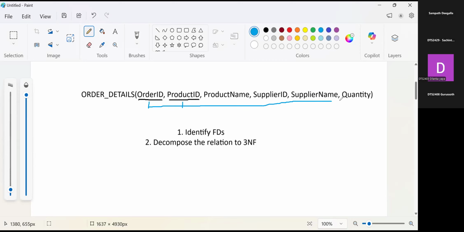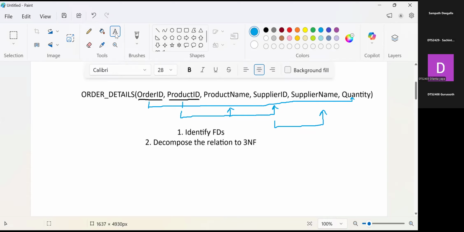So using this, we can determine the quantity. Using product ID, we can determine product name and supply ID. Using supply ID, we can determine supply name. So therefore, what I said was, we can break it.